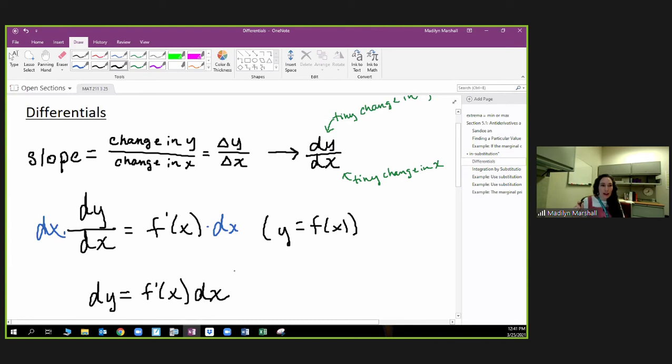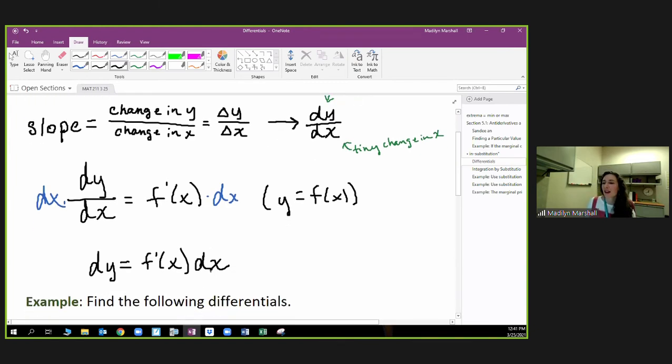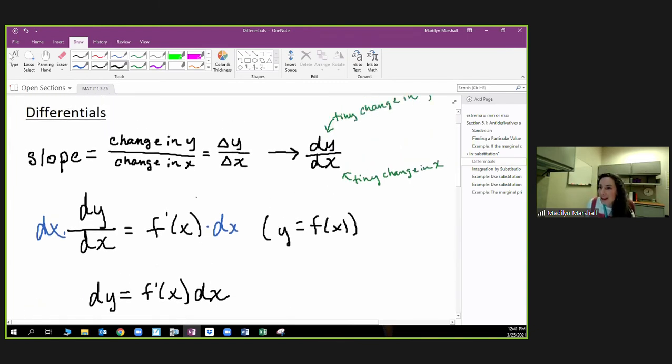So even though both dy and dx are infinitely small values, they still have a very specific relationship with each other, which is why they can give us the slope of the tangent at any point on a curve. And so these two little things are differentials.